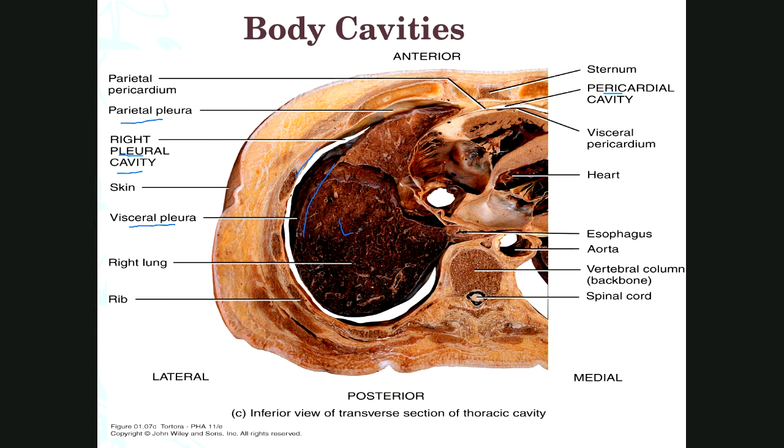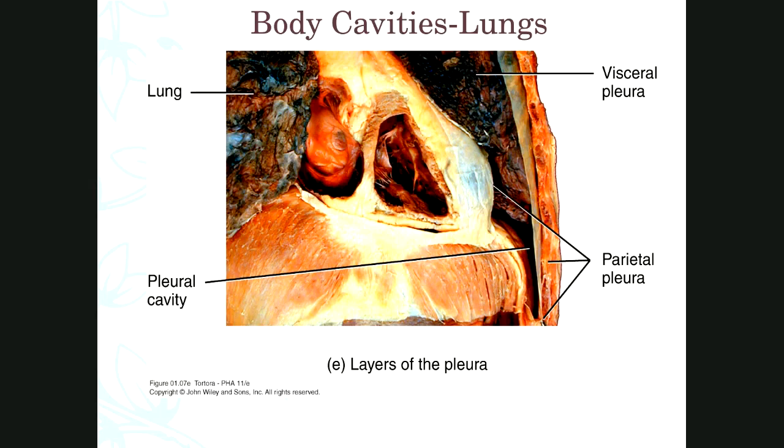So right on the heart itself, it's called the visceral pericardium. Around the outside of this pericardium is the parietal pericardium. And the pericardial cavity is the little space that contains some serous fluid. Again, here is the lung.